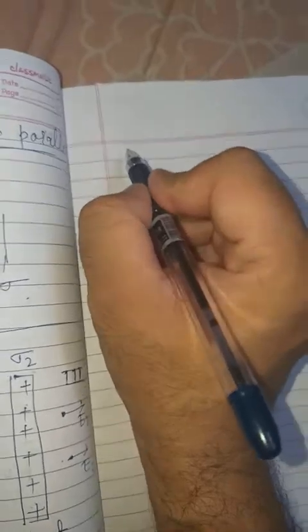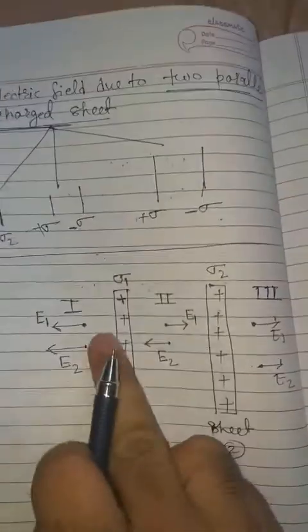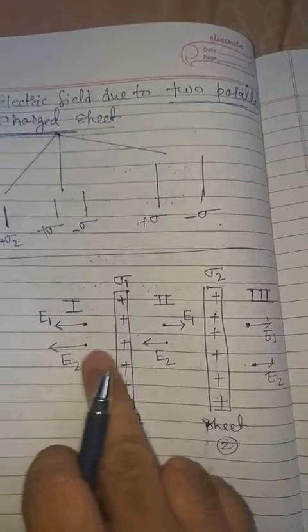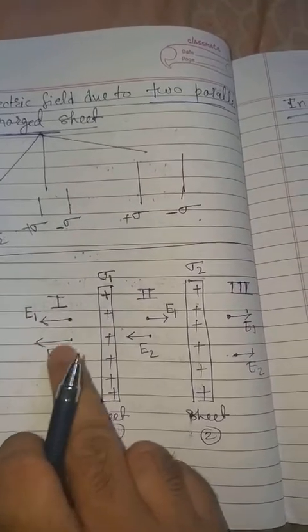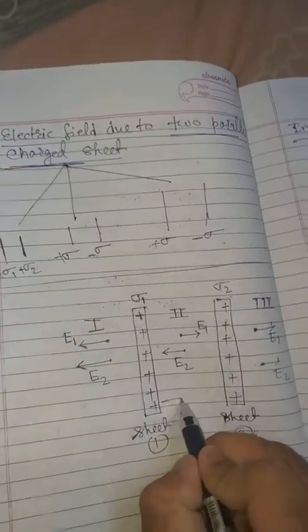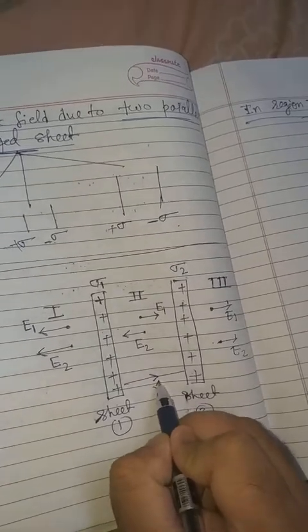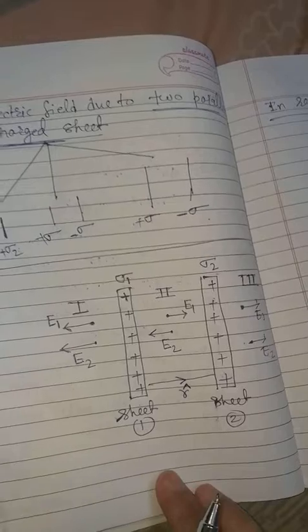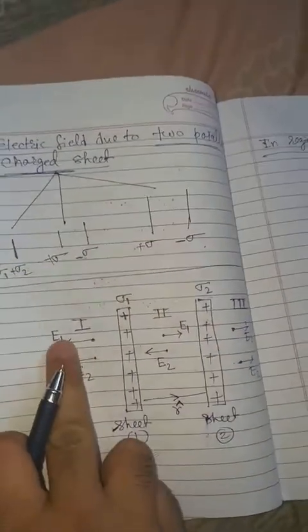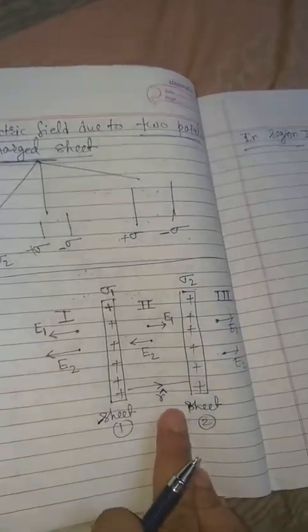Now, if we want to find the electric field in region first, both the fields are in the same direction. Since electric field is a vector quantity, we need a unit vector which gives the direction.